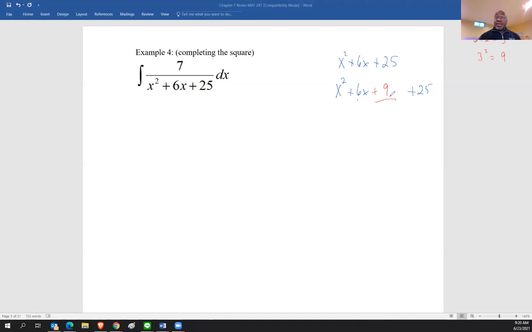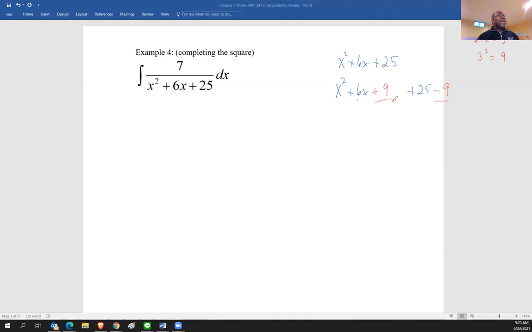Now, we want to keep the expression the same. So over with the 25 that we kind of pushed to the side, we're going to subtract the 9 back out. All right, so the purpose of that is to make sure that this is still an equivalent expression. I'm just grouping the terms a little bit differently.